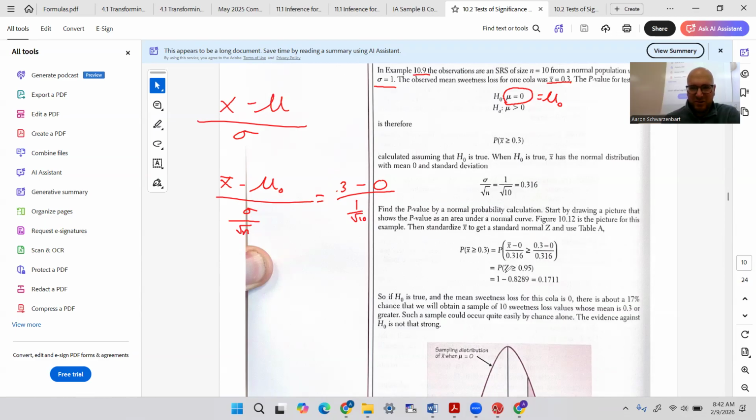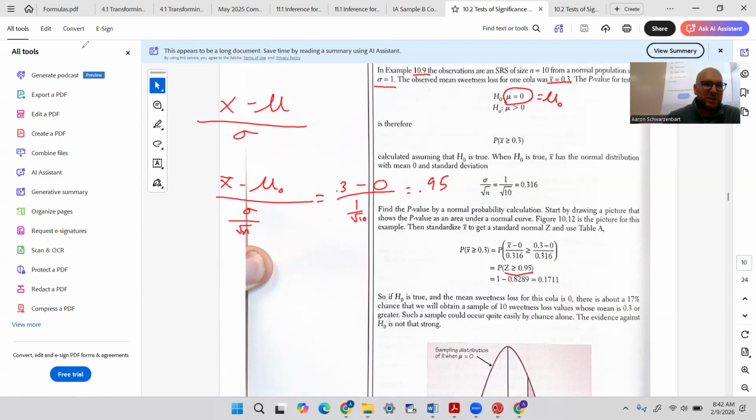And they're going to say P of Z is greater than 0.95, the probability that your Z value is greater than 0.95.